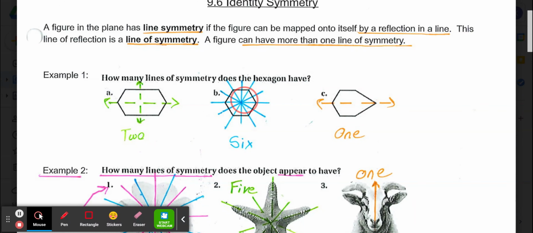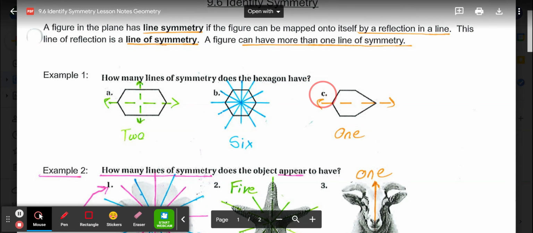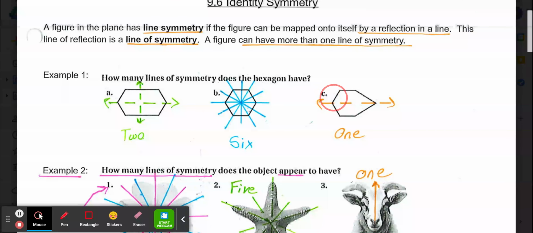This hexagon, which is a regular hexagon, meaning all the sides are congruent, has 6 different lines of symmetry. One passes through the midpoints of opposite sides, and one goes through opposite vertices, totaling 6 different lines of symmetry. And the C hexagon, which we already looked at, has 1 horizontal line of symmetry.